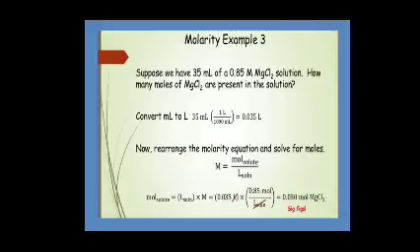Now rearrange the molarity equation and solve for moles. Molarity is equal to the number of moles of solute divided by the volume of solution in liters. Capital M is equal to small n divided by capital L in liters.